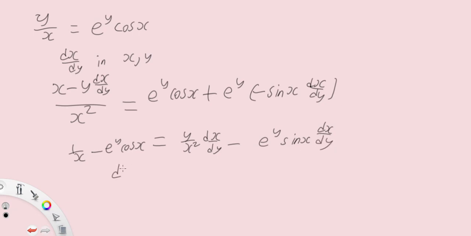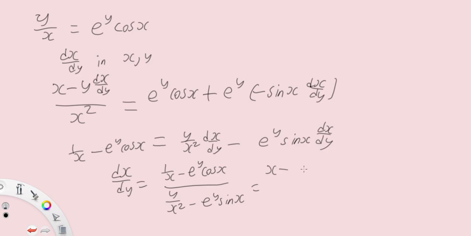Then I have dx/dy equals 1 over x minus e^y cosine x, over y over x squared minus e^y sine x. Simplifying again, multiplying x squared on both the numerator and denominator, I get x minus x squared e^y cosine x over y minus x squared e^y sine x. So this is one of the solutions.